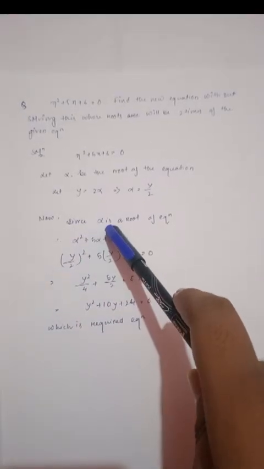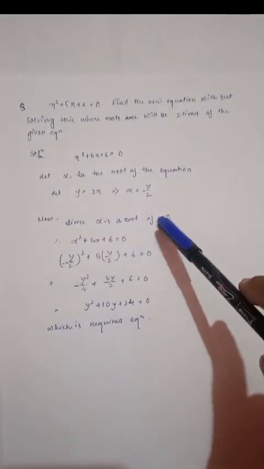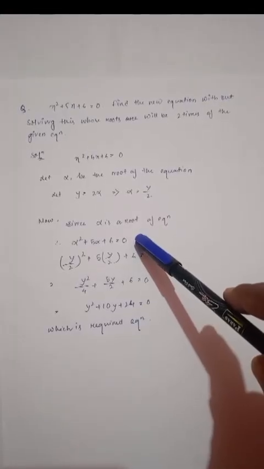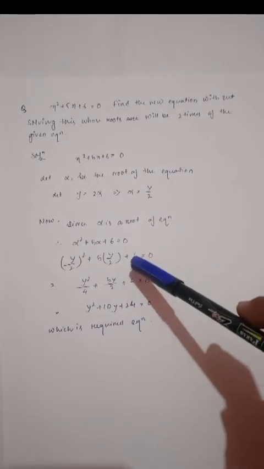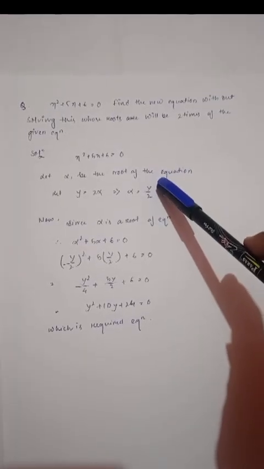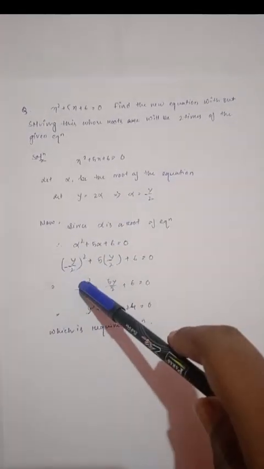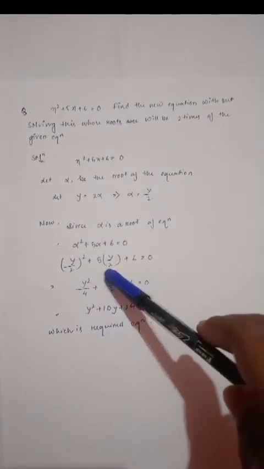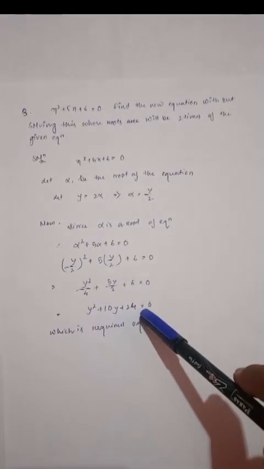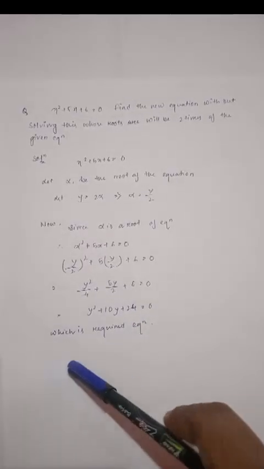Since alpha is a root of the equation, we can put the value of alpha in place of x. Then we put the value of alpha in terms of y, and it will come in this way. The final answer will be y square plus 10y plus 24 is equal to 0, which is the required equation.